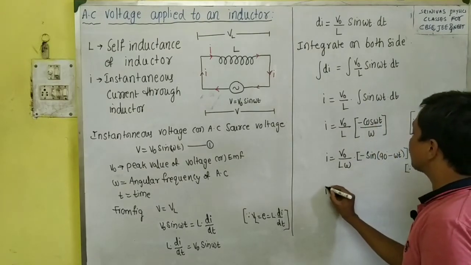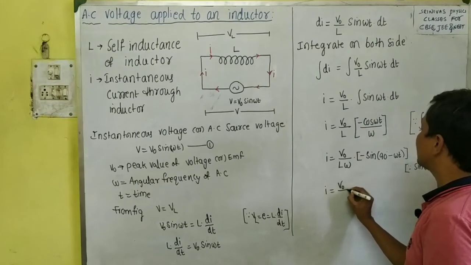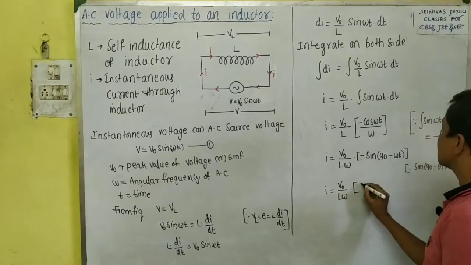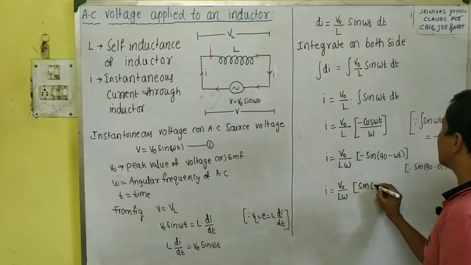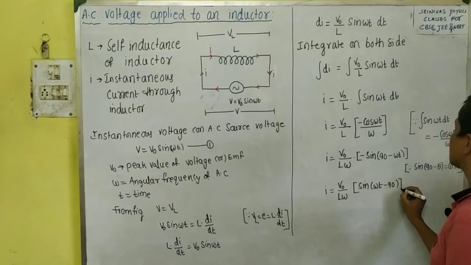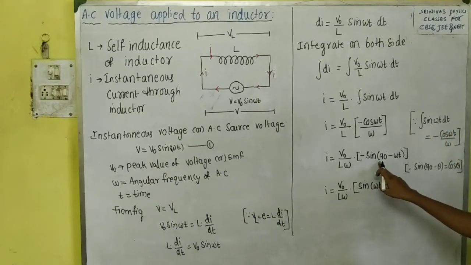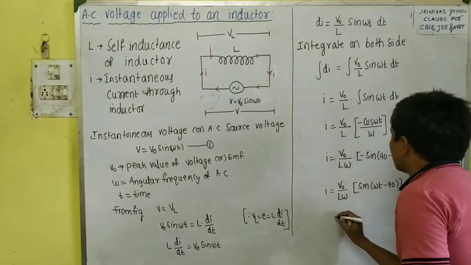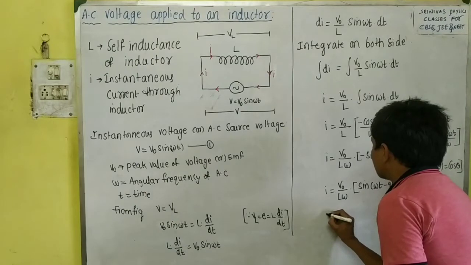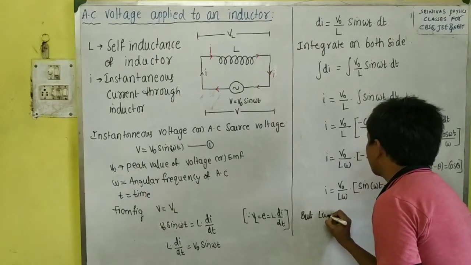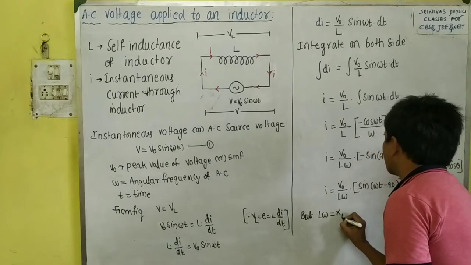So V0 by L omega into sin of omega t minus 90. The minus we can keep inside, and we get sin of omega t minus 90. But L omega is XL.